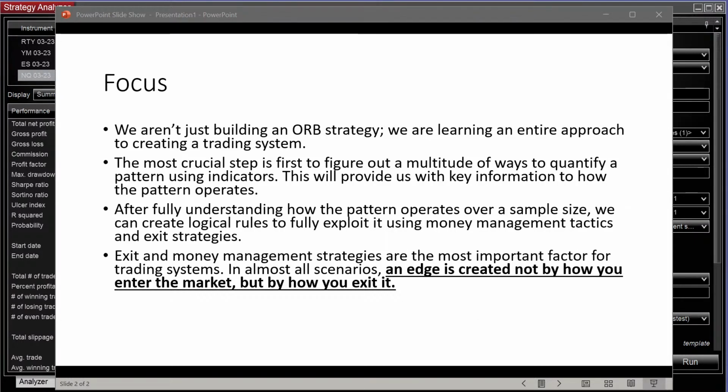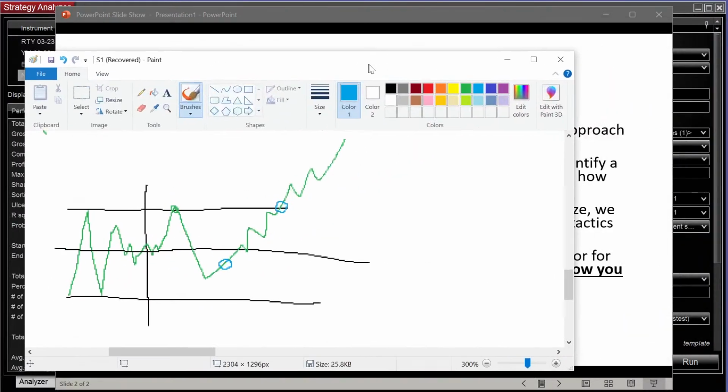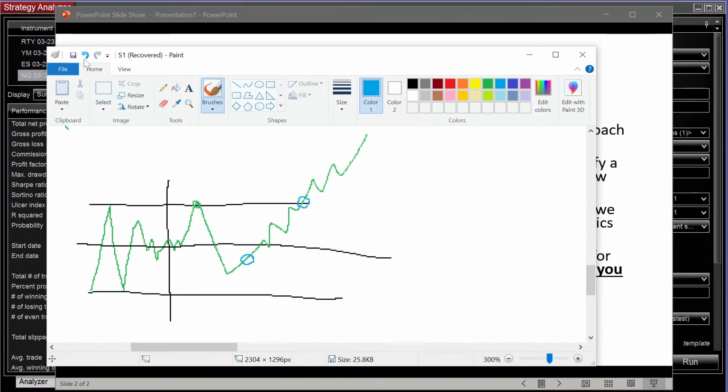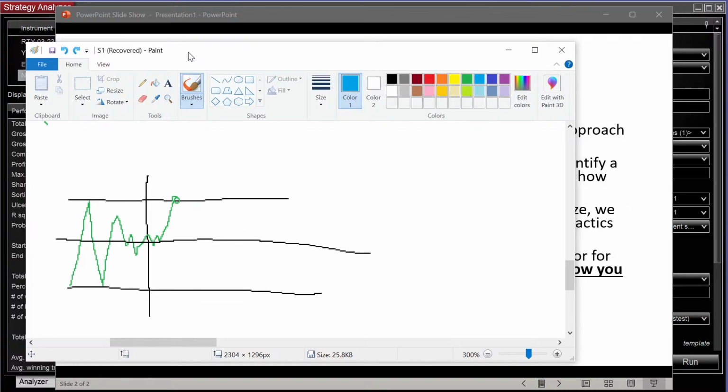Now, ending on that point, I can talk real quick about another example of a money management approach, something I've noticed a lot with this pattern, and this is prevalent with a lot of patterns actually, and it falls in line with an approach that a discretionary trader might take.